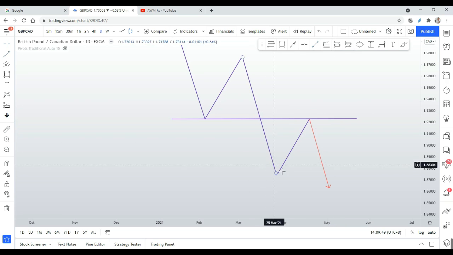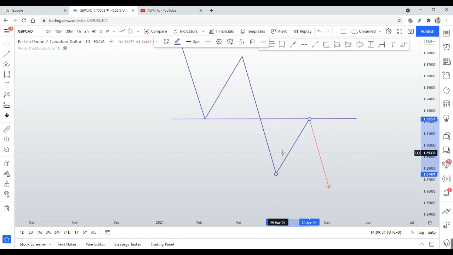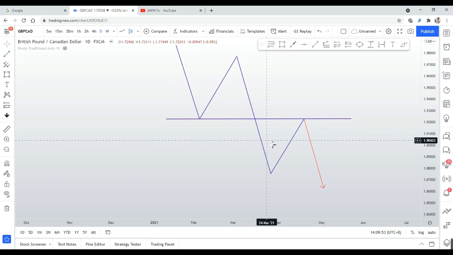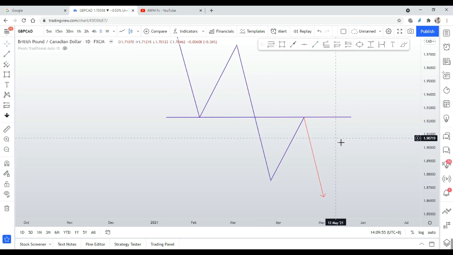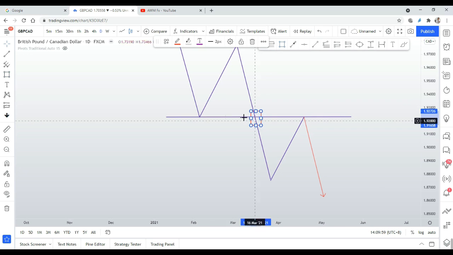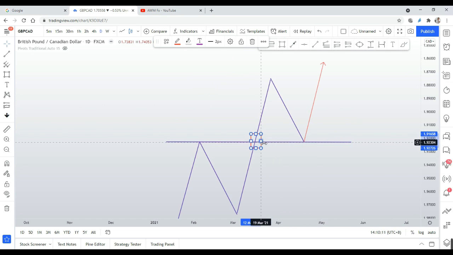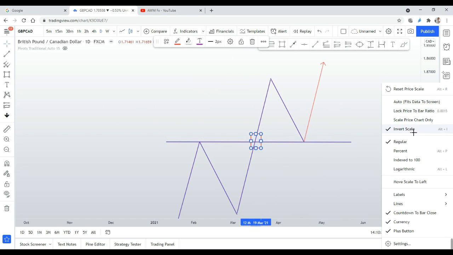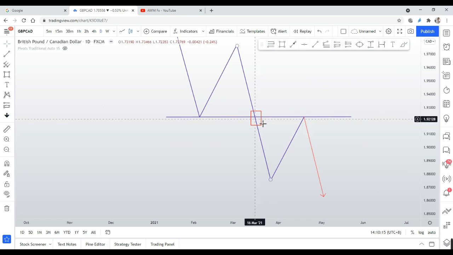You can call this QML type a confirmation. You already identified your SBR RBS. You look for a drop base drop candle, or we call it the supply zone over here. If you flip it over, it will be the demand zone. For now, let's stick to this.